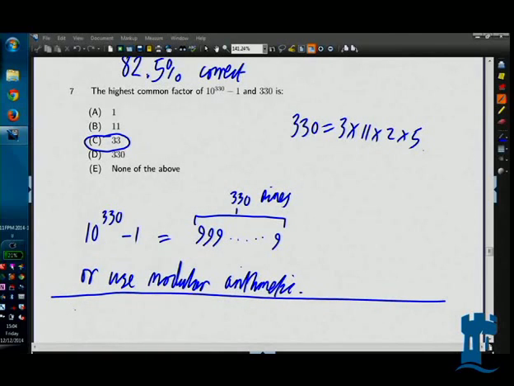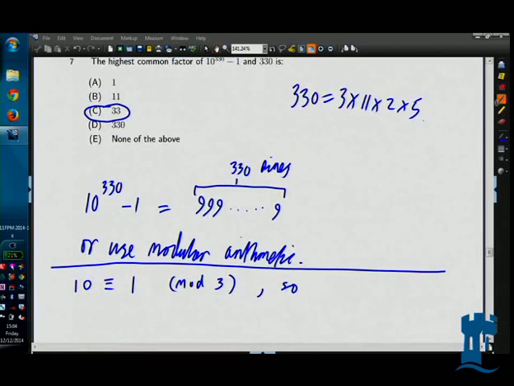Well, 10 is congruent to 1 mod 3. So 10 to the power 330 is still congruent to 1 mod 3, that's 1 to the 330, which is still 1.